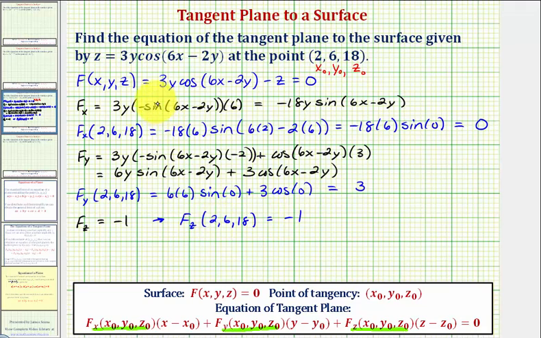So now we can use the value of our partial derivatives and the point of tangency to determine the equation of our tangent plane. If the partial with respect to x at the point of tangency is 0, I'll go ahead and write that in.